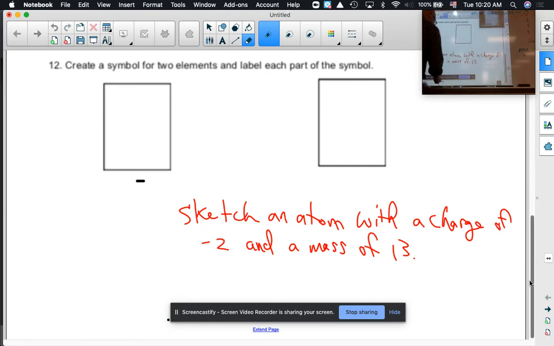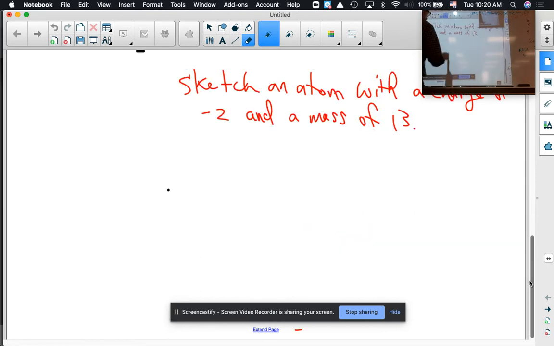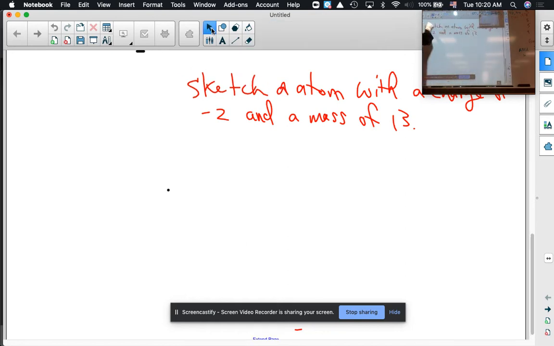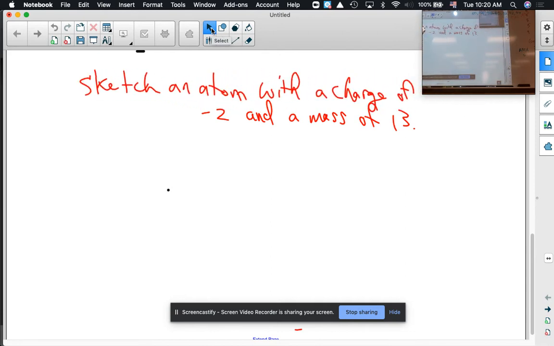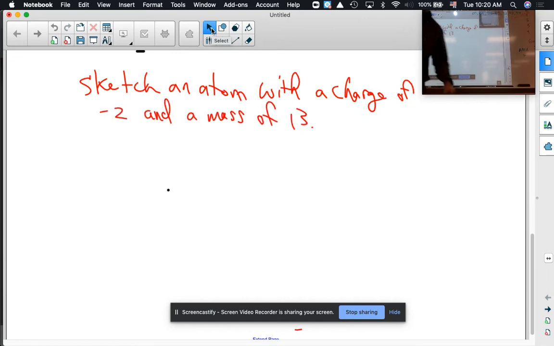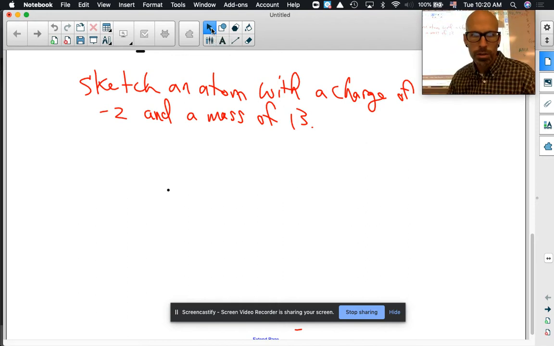So I might ask you to sketch an atom that has a charge. Oh, now I'm in the way. This is just not my day. Okay, so sketch an atom with a charge of -2 and a mass of 13.